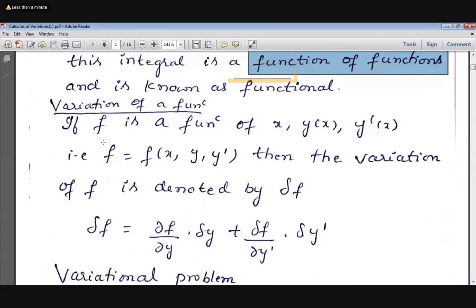Variation of functions. If f is a function of x, y of x, y dash of x, that is f equal to f of x comma y comma y dash. Why is it y comma y dash?